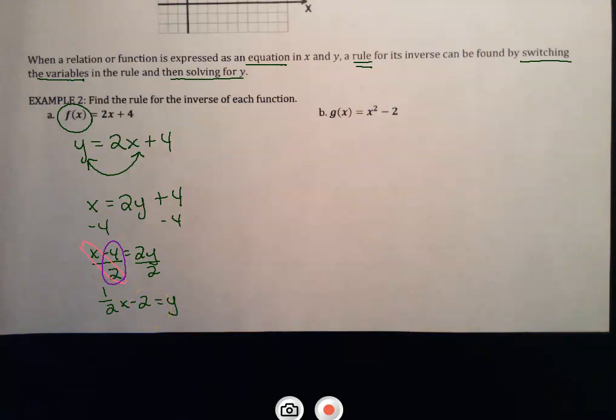Okay? So, one more thing here. How would I write this as a function rule? That just means I need to use function notation.